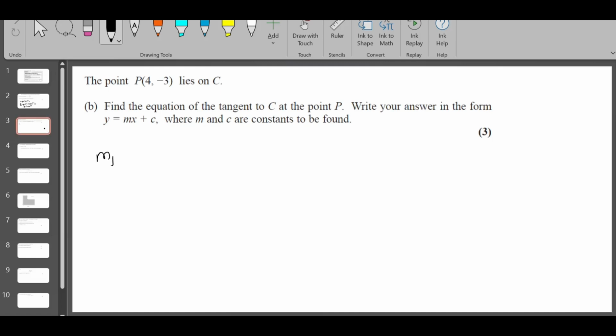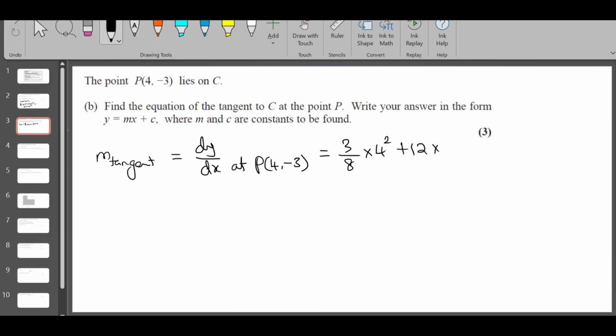First we need to find the slope of the tangent. How do we do that? We take dy by dx and replace x by the x coordinate of the point. So the dy by dx is 3 over 8x square plus 12x power minus 3 over 2, replacing x by the x coordinate.